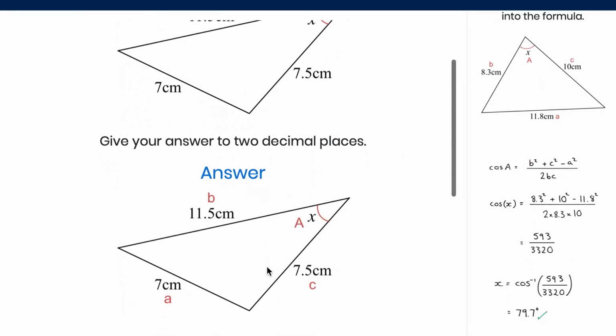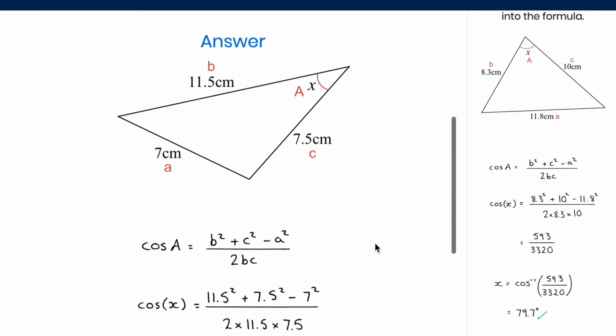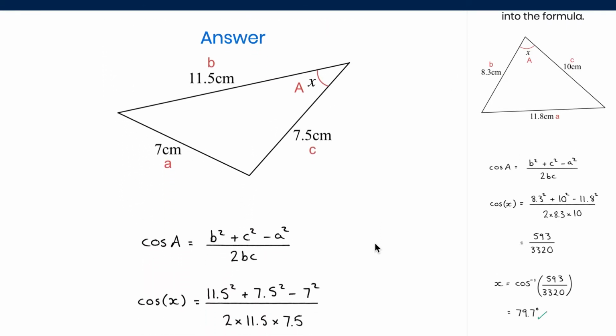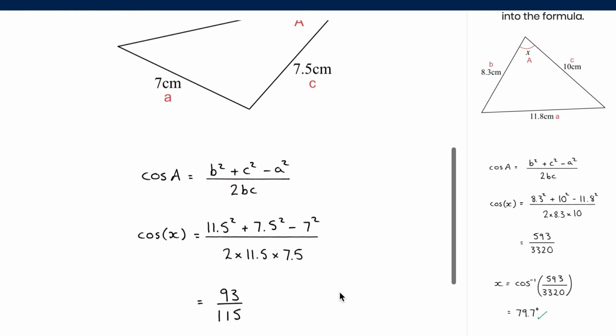First label the sides and angle of the triangle, then substitute into the cosine rule. Once again, the side A must be the 7 centimetre side, which is opposite the angle. And so we have cos of x is equal to 11.5 squared plus 7.5 squared minus 7 squared all over 2 times 11.5 times 7.5, which when entered into a calculator gets us 93 over 115.